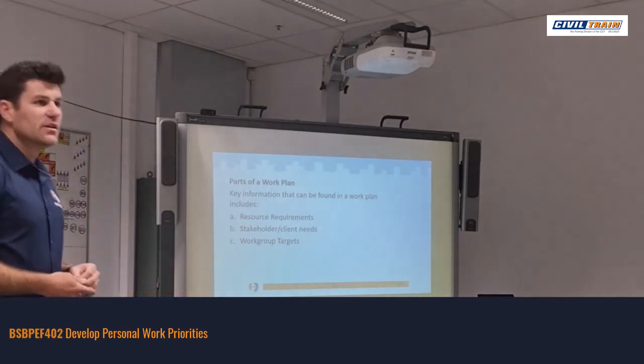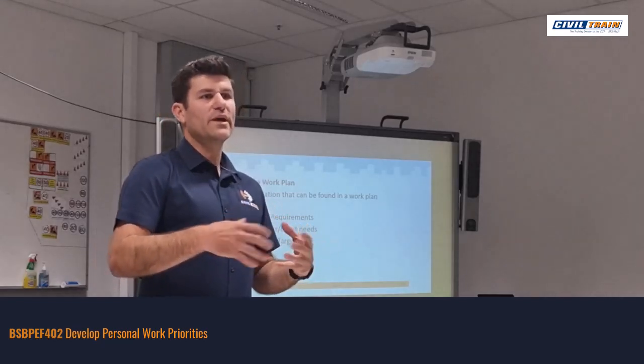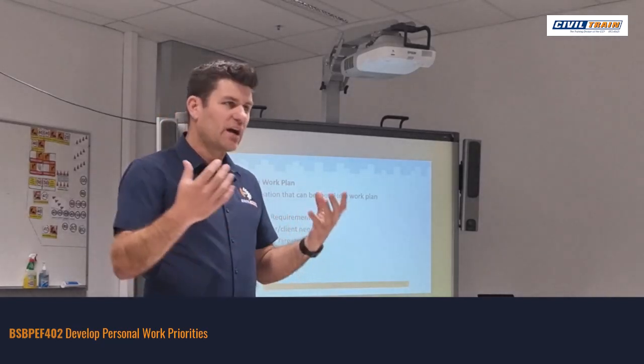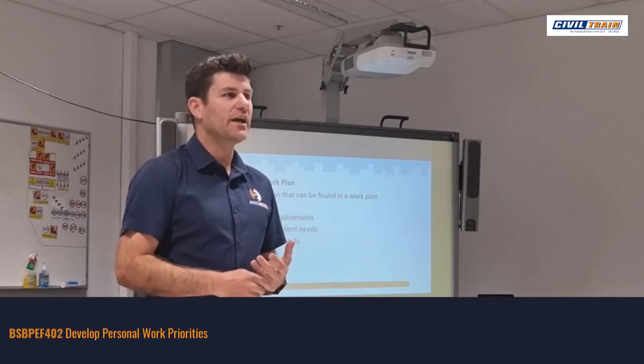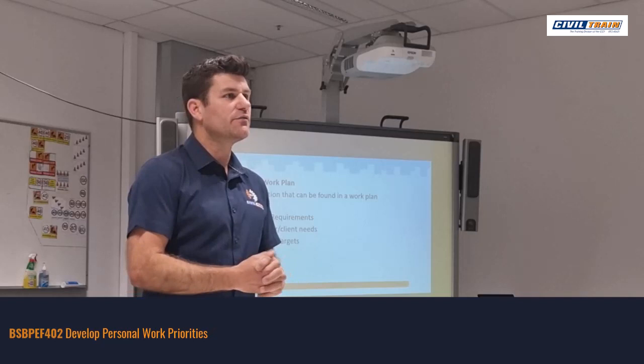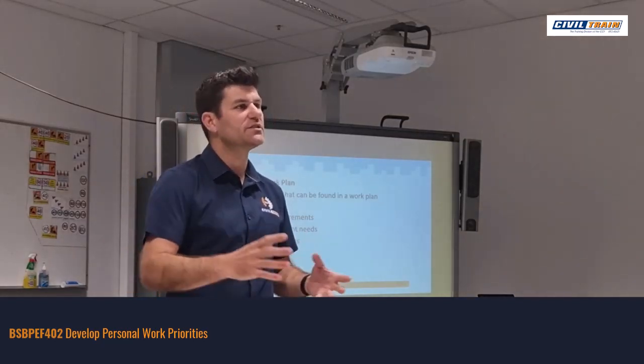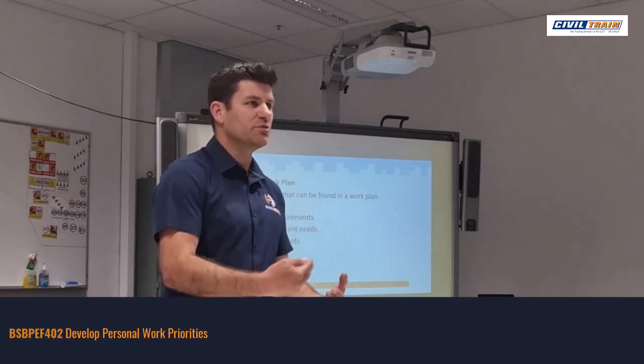Work group targets, obviously in a work plan we want to identify, what are we trying to achieve for that? So what is the actual objective? And more often than not, with a team, you probably do it already, as I said. You've got your own KPIs, where it might be cubic meters or linear meters. You actually have an expected output that you achieve for the day.